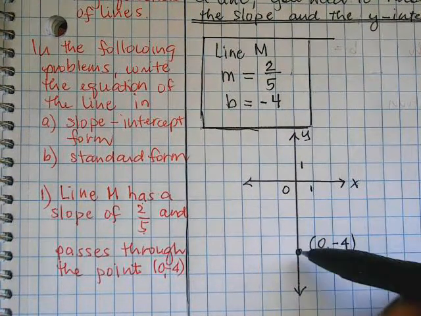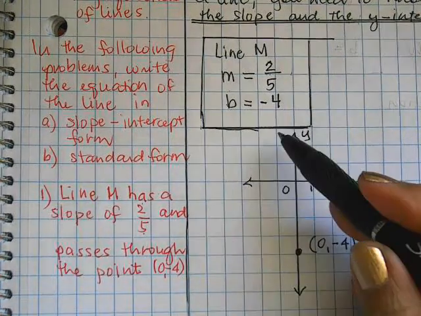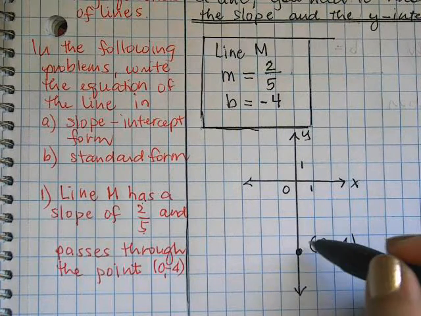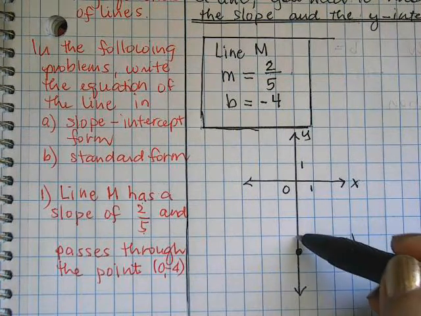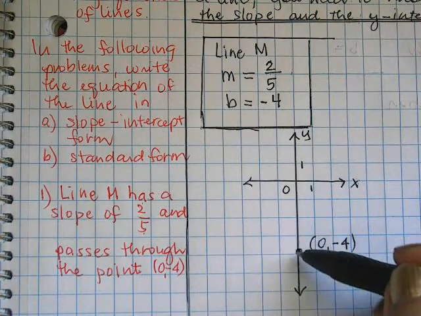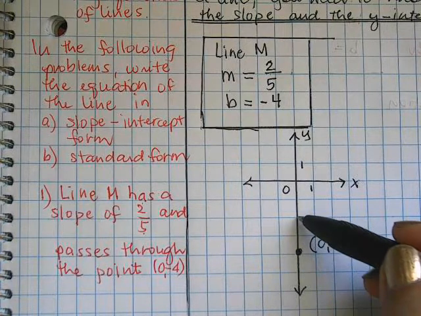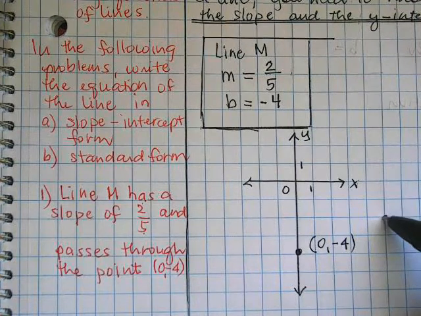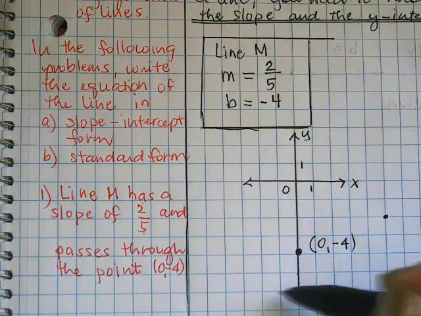So the point is (0, -4) and the slope is 2/5. You can actually graph the line, but we don't need to do that. They did not ask us to do that. Just for curiosity, let's plot another point: 1, 2, 3, 4, 5. This is the line we're talking about.